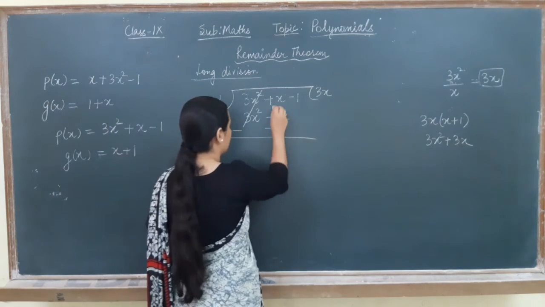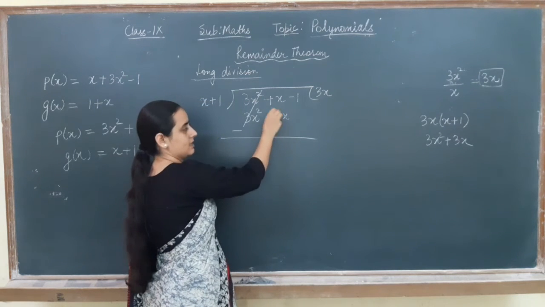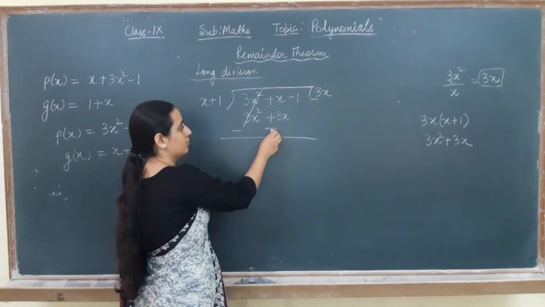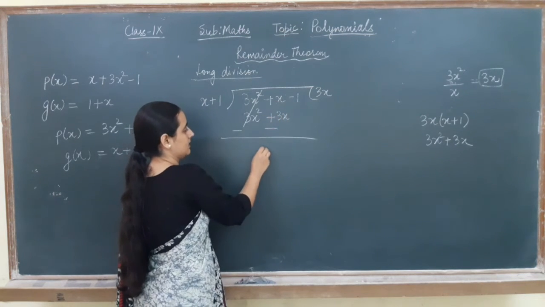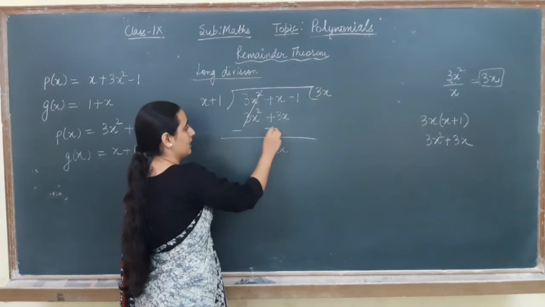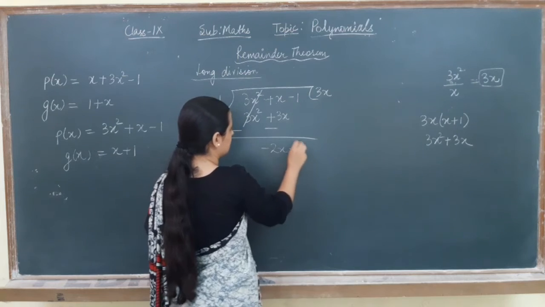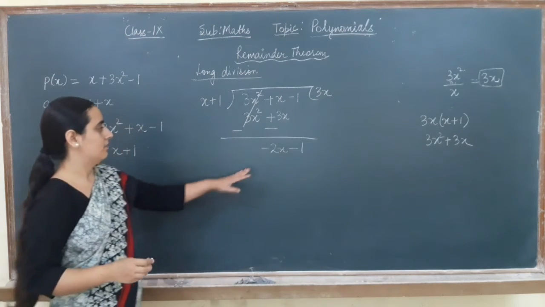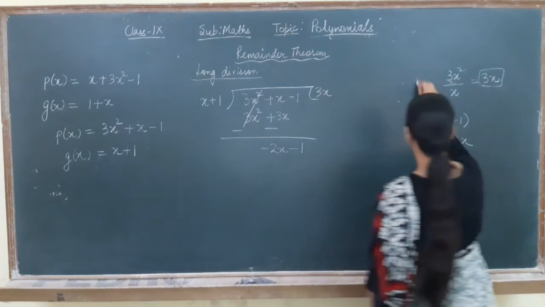Second term. Now you have to consider its new sign, not the old one. Forget this old sign, you have to consider the new sign. That means plus x and minus 3x. So I am left with minus 2x, and then I will bring the next term here. Now again, what do I need? I will check here in my rough work.